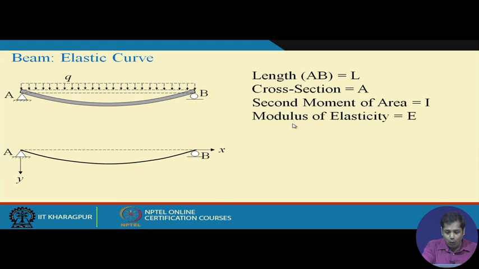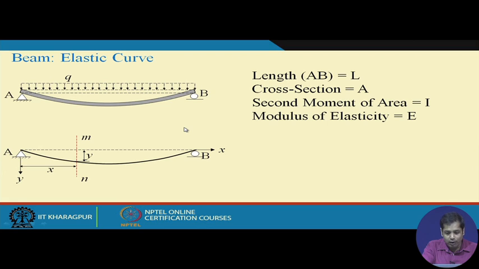Now if we take any section mn at a distance x from A, then the deflection of this beam is y.